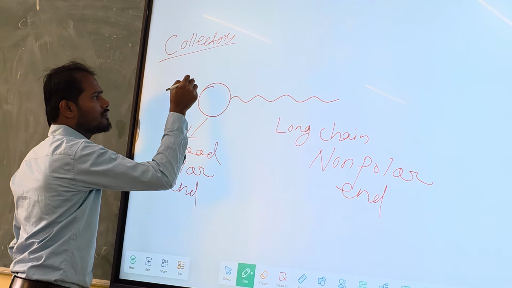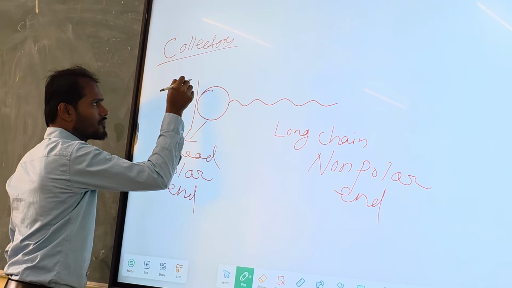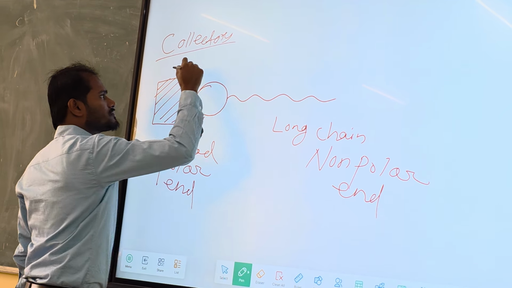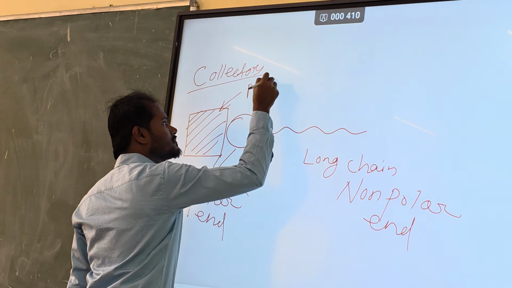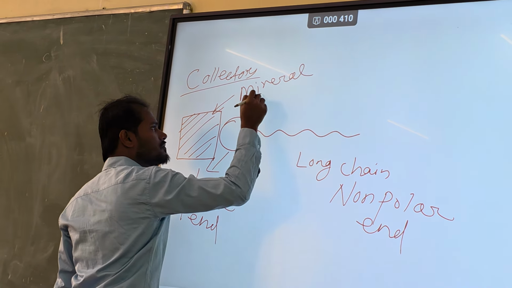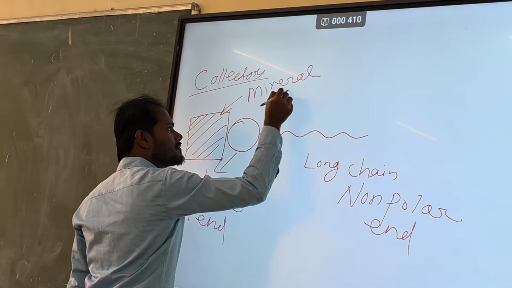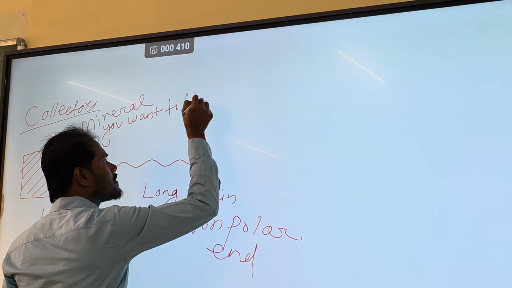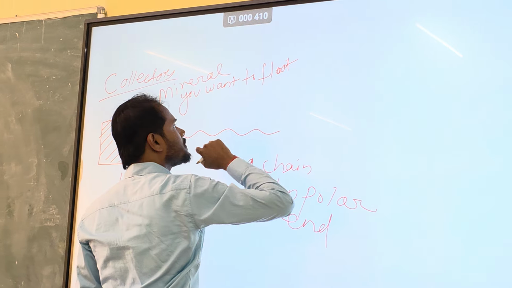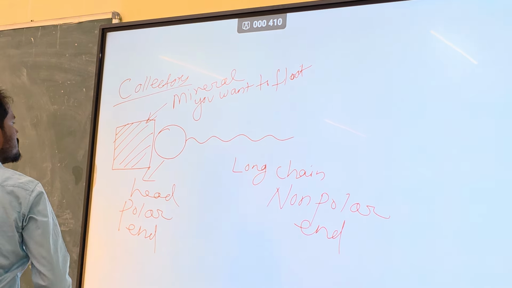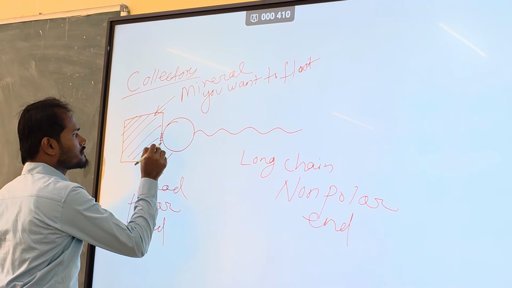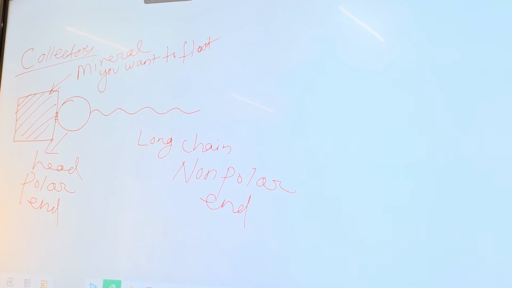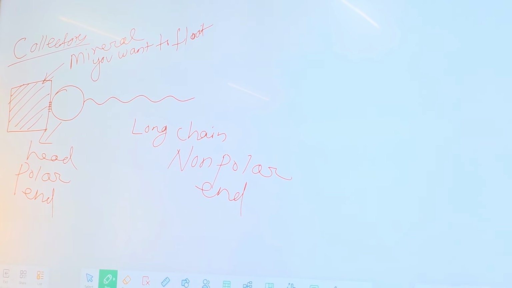For example, this is your mineral. So it simply means that the collector is made up of two components.